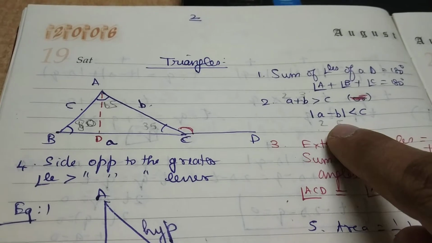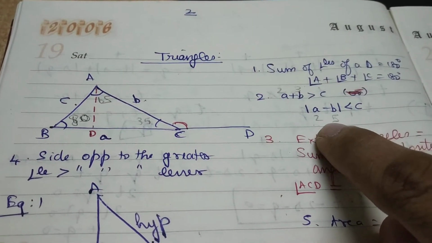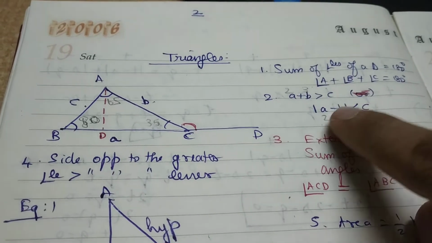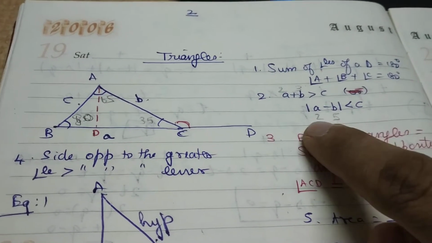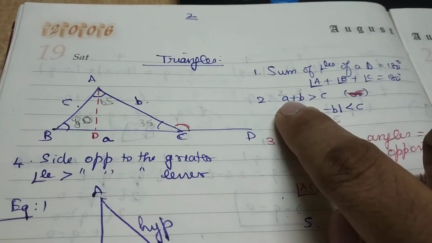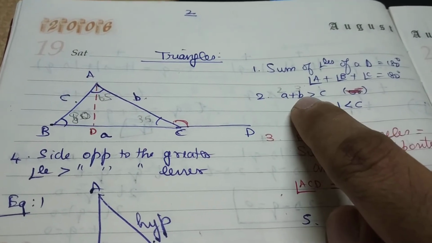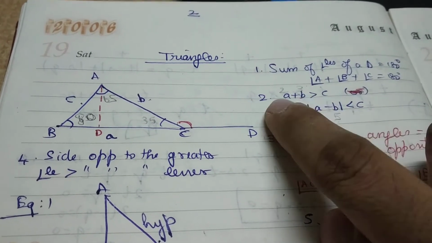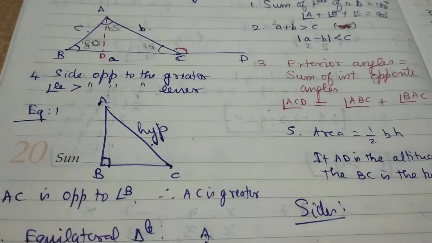So I used the modulus symbol in order to remove the negative quantity. I can even put b minus a; it depends on my convenience. b minus a will give me a positive quantity. But here in the sum I haven't used the modulus symbol. Why? Because a and b are always positive quantities, and if you add two positive quantities, it will automatically yield a positive quantity.